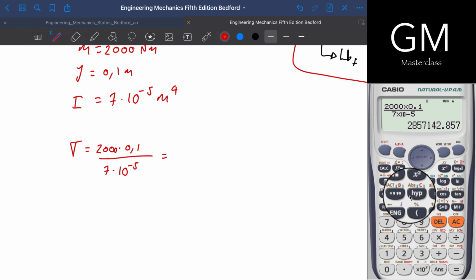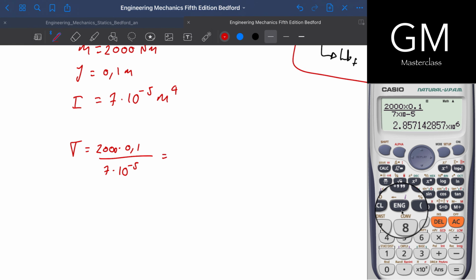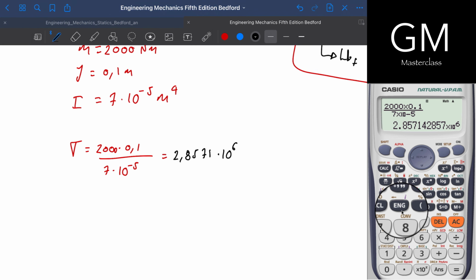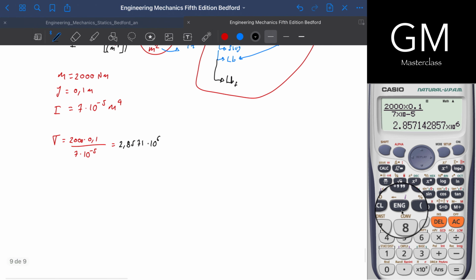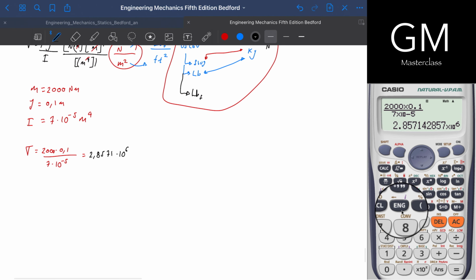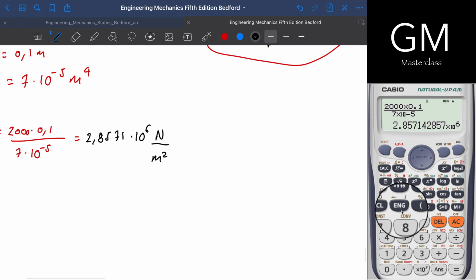I'm going to write it down using scientific notation, which is 2.8571, I always use 4 significant digits after the point, times 10 to the 6th power Newtons per square meter.